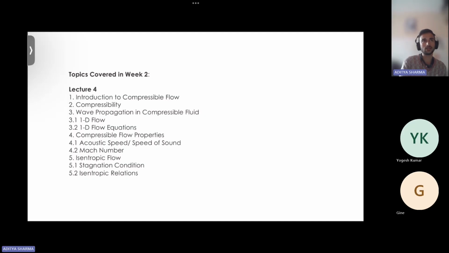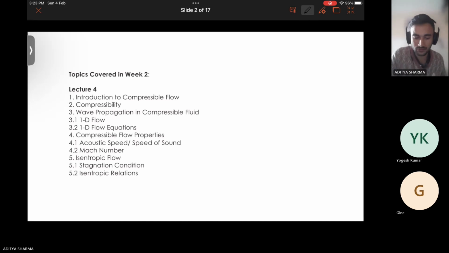Stagnation condition, as in the slides and lectures, is also called the total condition. It's one and the same thing. So this is our stagnation condition.